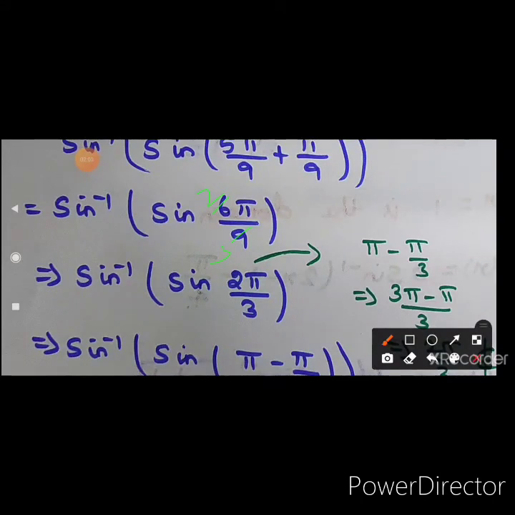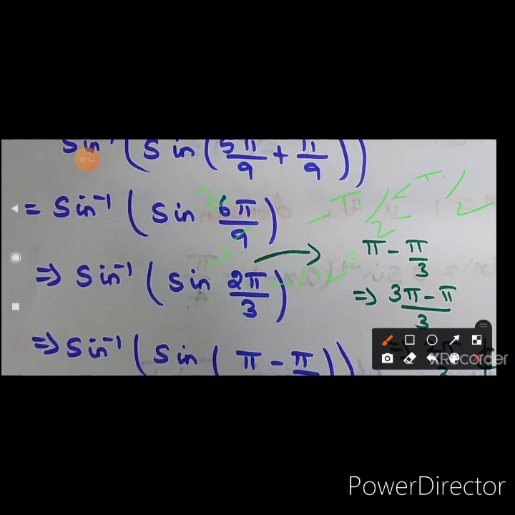Its range is minus pi by 2 to pi by 2. Minus pi by 2 less than or equal to pi by 2. This is 120 degree, which is not contained in minus pi by 2 to pi by 2. So we are using standard position.